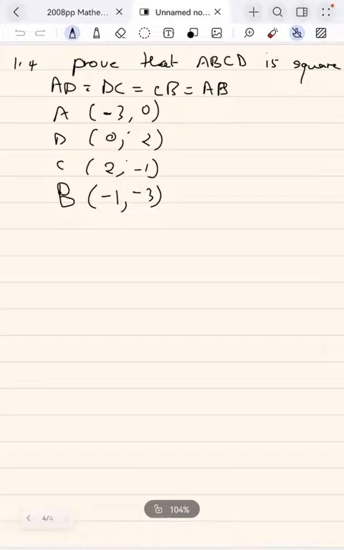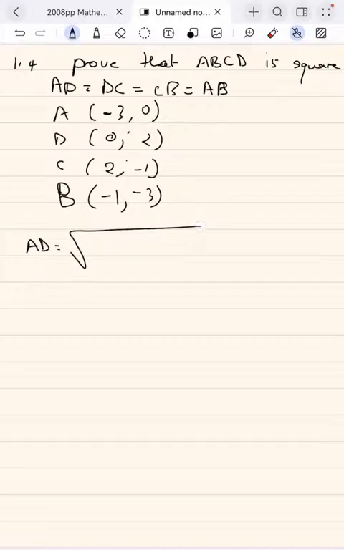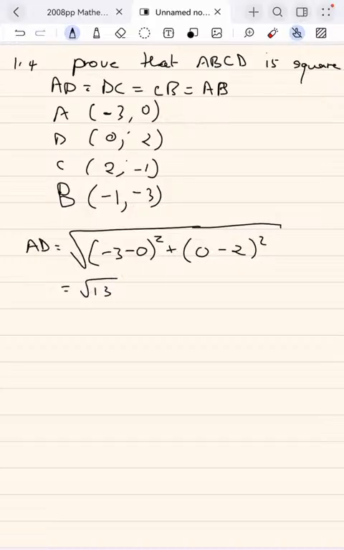So if we proceed to prove that all of these are equal, AD is equal to the square root of (minus 3 minus 0) squared plus (0 minus 2) squared. AD is equal to the square root of 9 plus 4, which is the square root of 13.